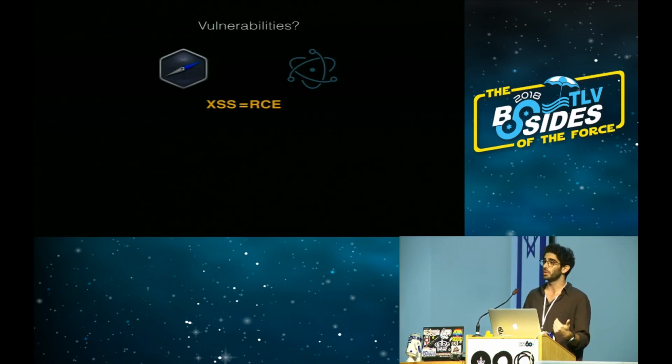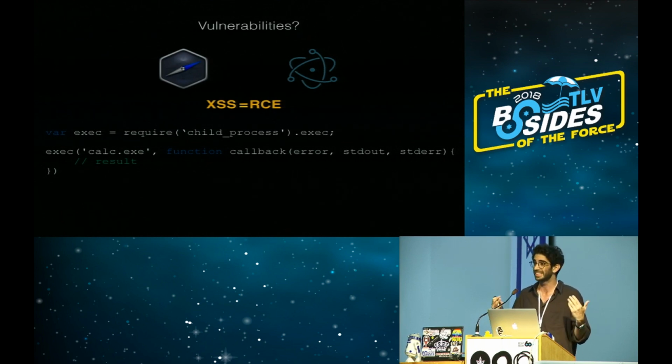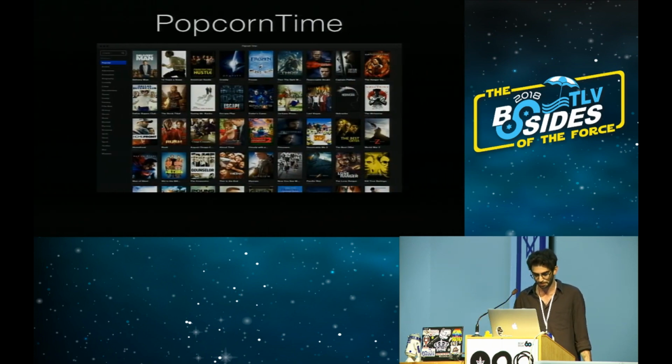And all you need to do in Node.js in order to pop a calculator is use this code, which imports the child_process library and uses its exec function with calc as the argument. We'll talk about this in a minute, but back to Popcorn Time.